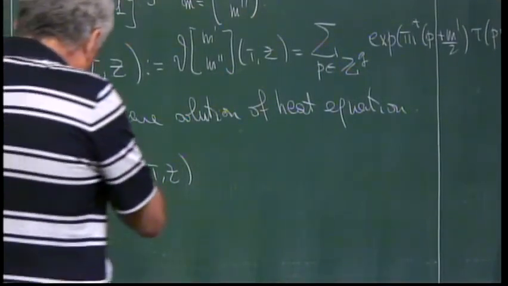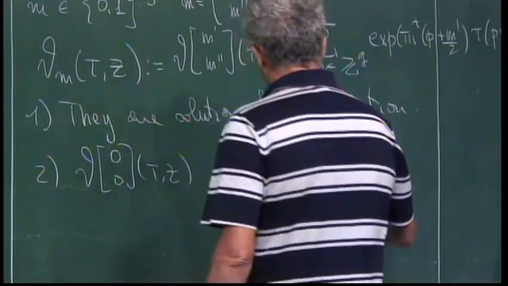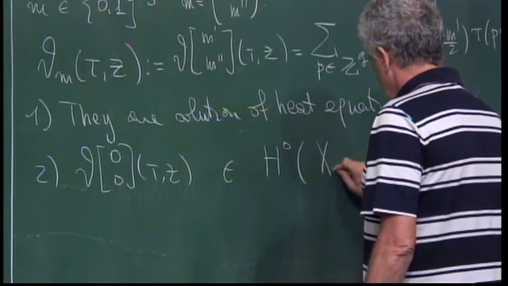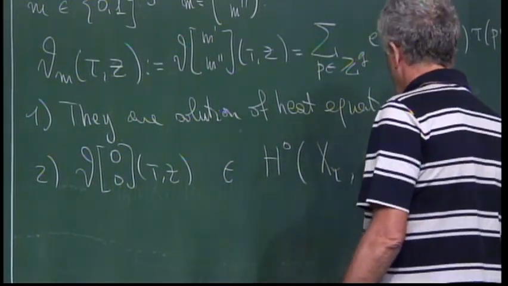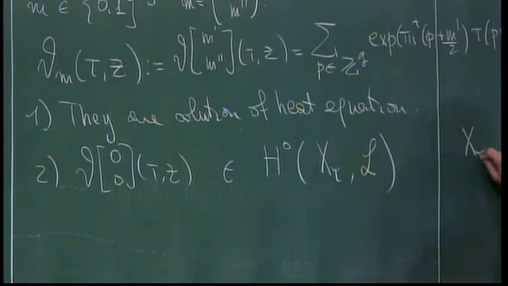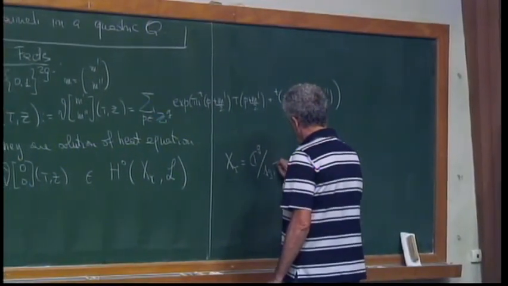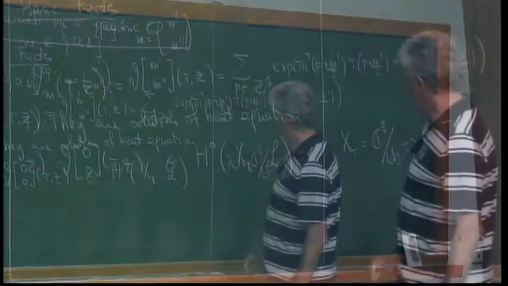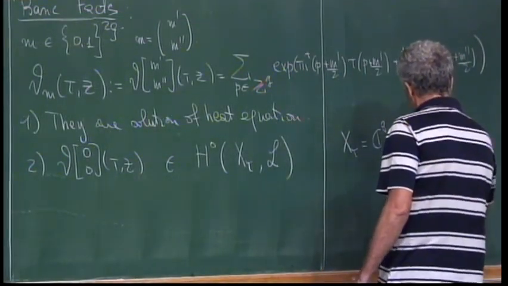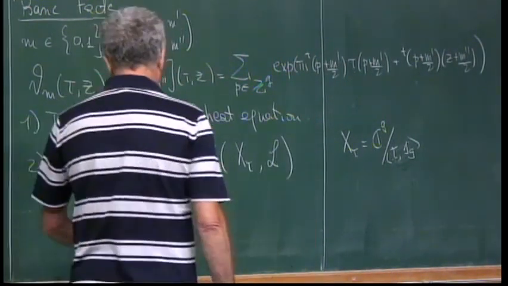This is essentially the unique section, unique up to scalar, obviously, of L on X_tau, where L is the principal polarization. Here X_tau is just C^g modulo Z^g plus tau Z^g, this lattice.